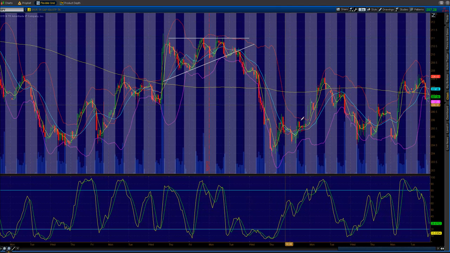The next one that I want to go over, which is pretty difficult to find, so you have to train yourself, is an inverted cup and handle. So we have one here, okay? That is the cusp, all right, and here is the handle.